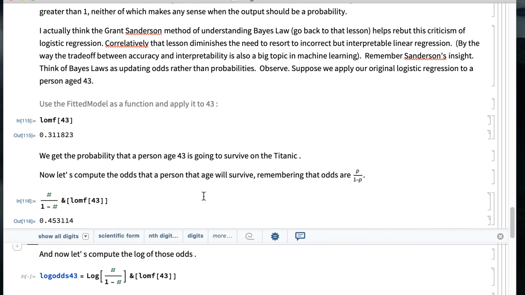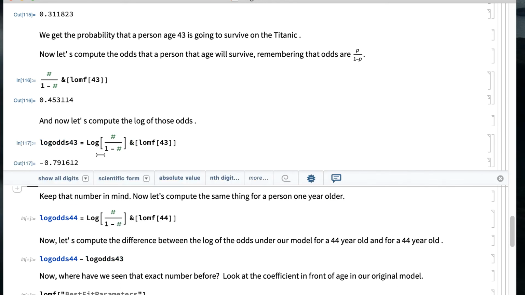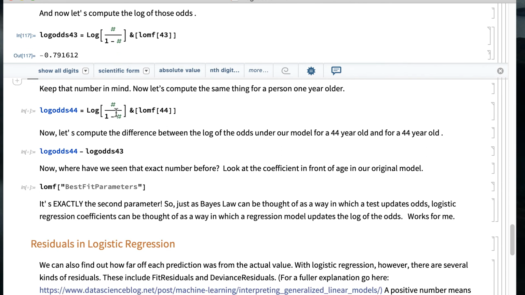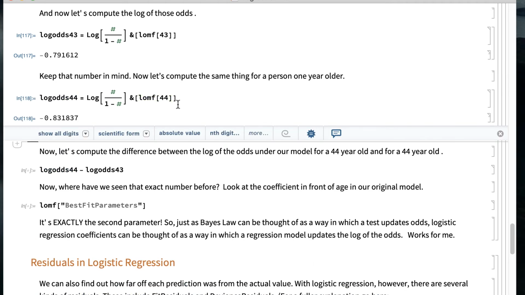So it was 0.45. And we could take it one step further and compute the log of the odds. So negative 0.79, because negative 0.79 is the log of 0.45. So just hold that number in the back of your head. And now let's compute the log odds of LOMF for someone who's 1 year older. Negative 0.83.